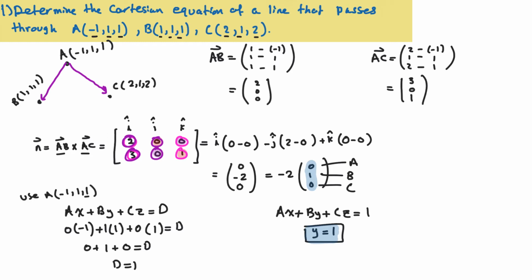You may ask how this plane might actually look like, and I'm going to try my terrible artistic skills to demonstrate this. We got our x value, our y value, and the z value. These are the positive axes. And if the y value is always 1, that means that, let's say this is 1, and we're going to have a plane.